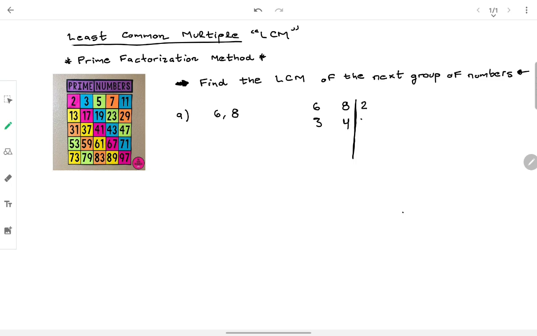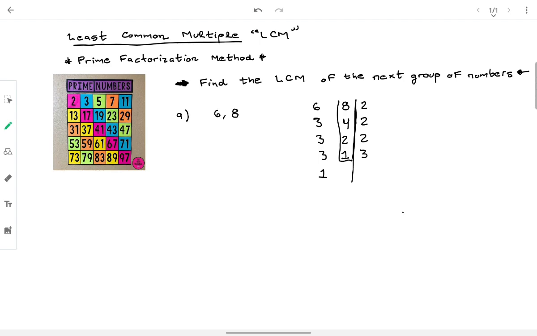We can continue using number 2. 3 is not divisible by 2, but 4 is divisible by 2. We can continue using 2 and we will get 3 and number 1. So I have finished this part, but we need to continue with number 3. 3 can be divided by 3, and I get number 1. So I have finished the prime factorization.